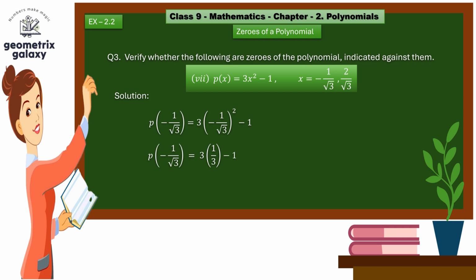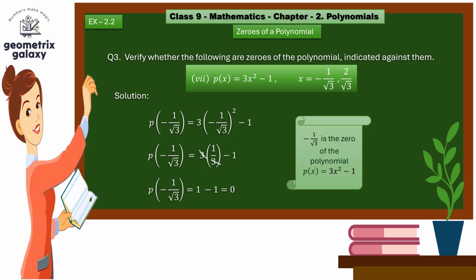But in the numerator and denominator we have 3, we can cancel 3. So we are left out with 1 minus 1. 1 minus 1 is equal to 0. So we come to the conclusion that minus 1 by root 3 is the zero of the polynomial p of x is equal to 3x square minus 1.